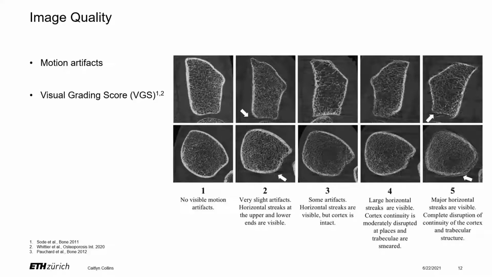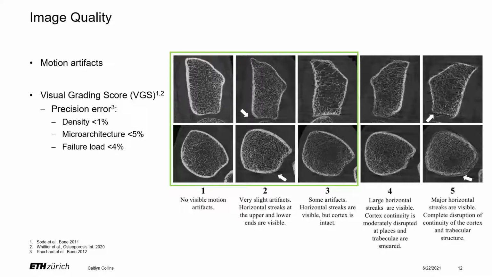In images 3, 4, and 5, we start to see a more prevalent degradation in image quality. However, initial studies have concluded that images of quality 1, 2, and 3 can be considered for further analysis, given that precision errors for density analyses, microstructural analyses, and failure load analyses are within acceptable limits, meaning that images 4 and 5 are traditionally rejected from imaging studies.